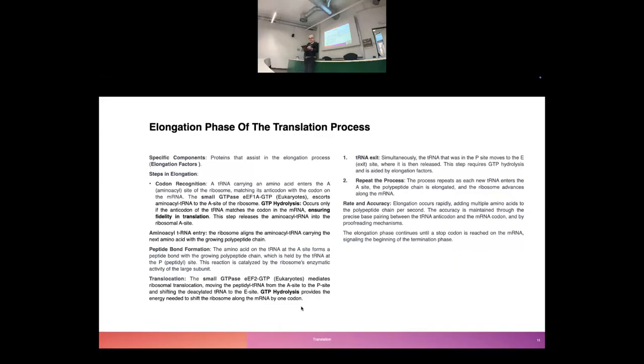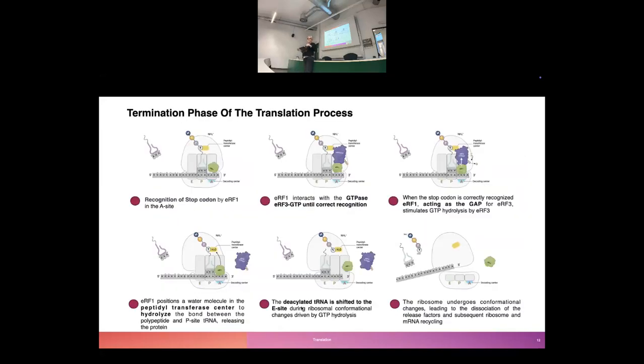So this is the summary, but let me discuss this diagram, which is the termination phase. What happens at termination? You remember that the termination site will be close to the polyadenylation signal, meaning the polyadenylation signal also signals that we are close to the termination.